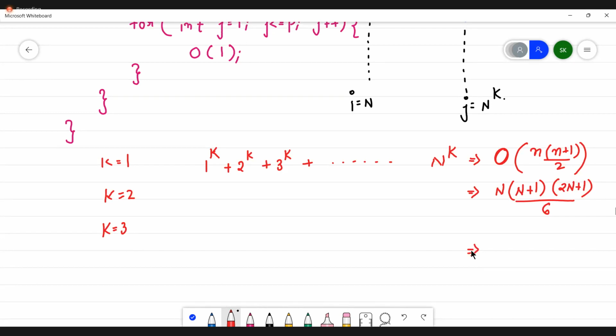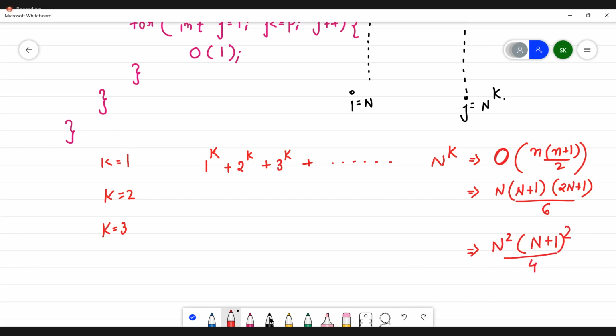For k equals 3, it is going to be n square into n plus 1 whole square divided by 4.